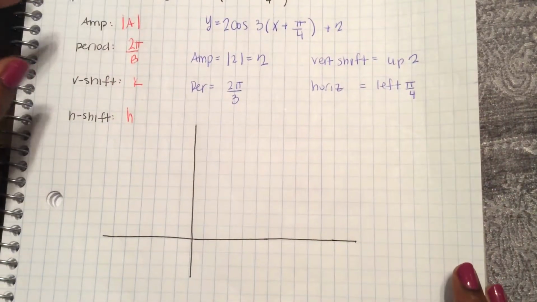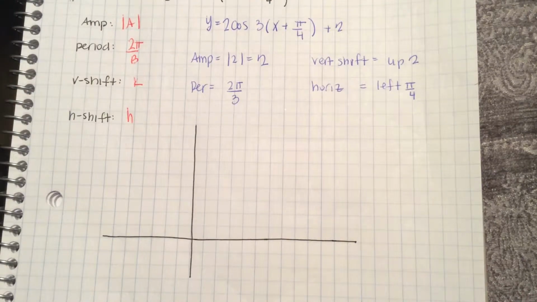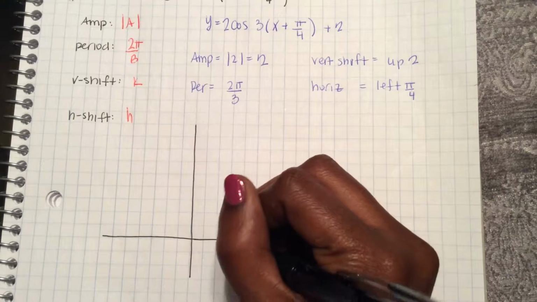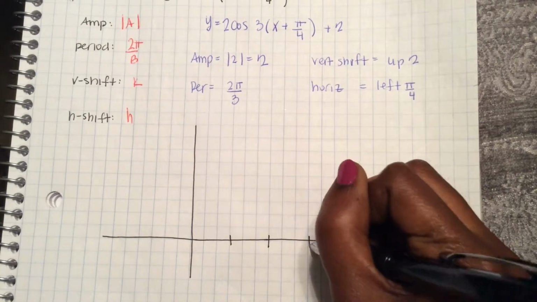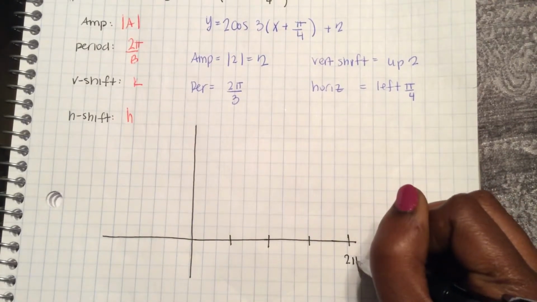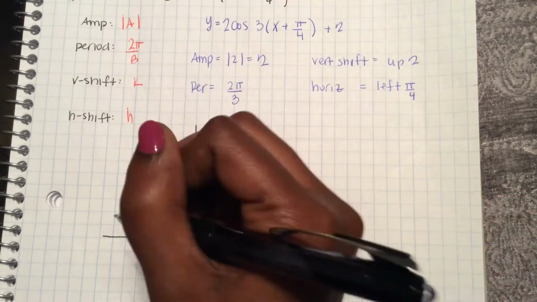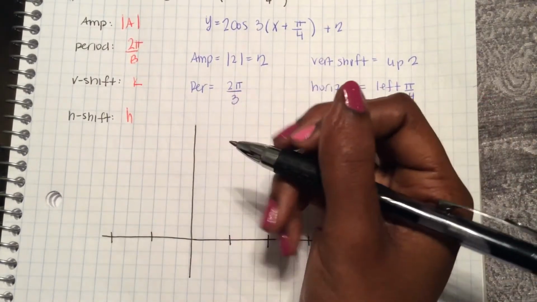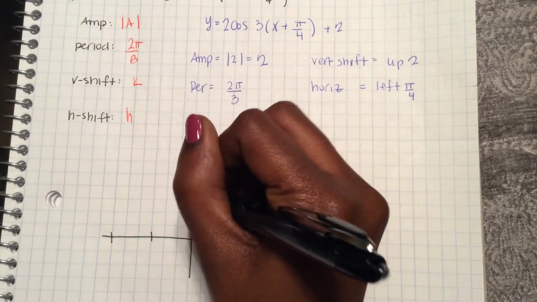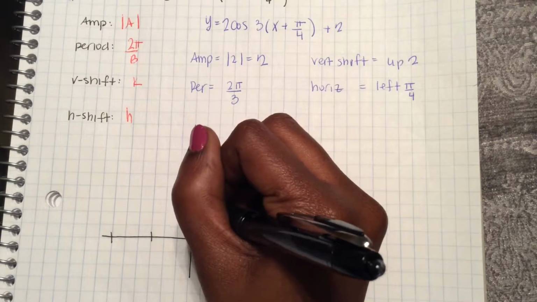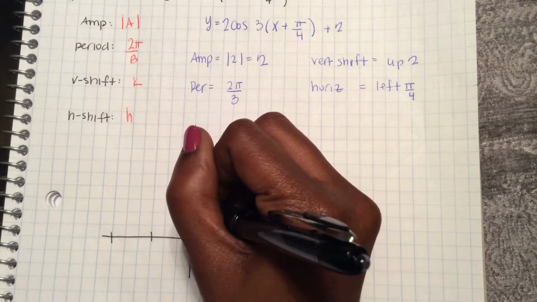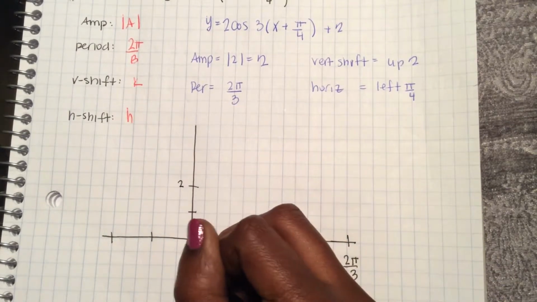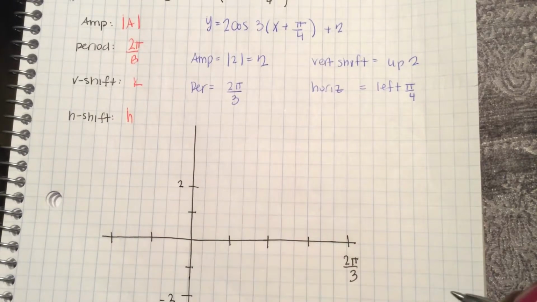So first, my period is 2 pi over 3. So 1, 2, 3, 4. This is going to be 2 pi over 3. My amplitude is 2. So let's say this is 1, this is 2, this is 1, this is negative 2.